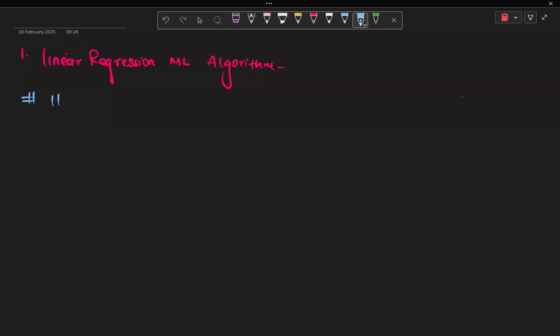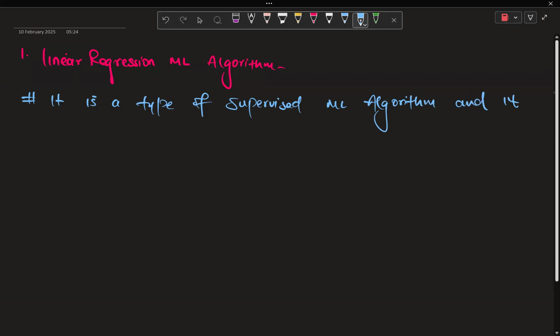First, it is a type of supervised machine learning algorithm, and it is used to solve regression type of problem.